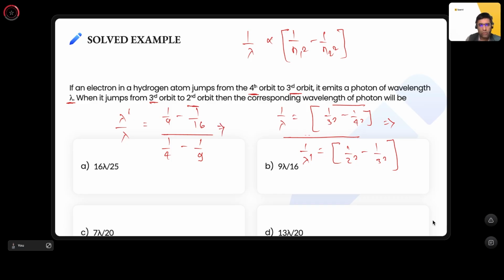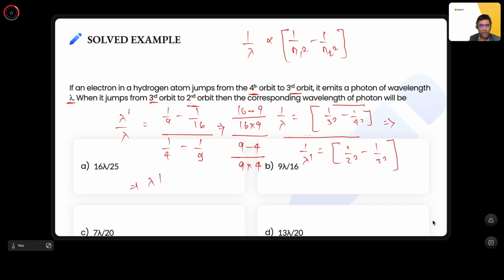Now we will solve this, and it will come out to be 16 minus 9 upon 16 into 9, upon 9 minus 4 upon 9 into 4.